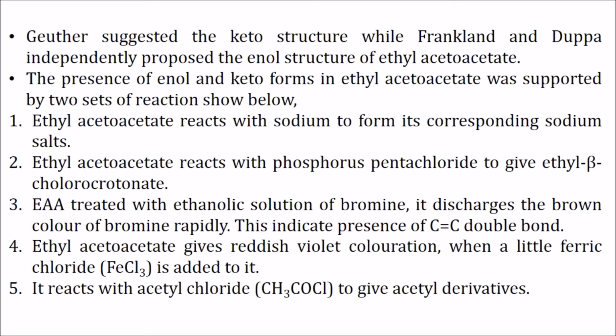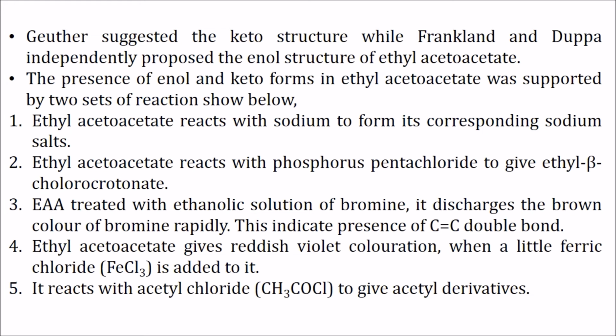First, ethyl acetoacetate reacts with sodium to form its corresponding sodium salt. Second, it reacts with phosphorus pentachloride to give ethyl beta-chlorocrotonate. Third, ethyl acetoacetate reacts with an ethanolic solution of bromine and discharges the brown color of bromine rapidly, which indicates the presence of unsaturation, meaning a double bond.